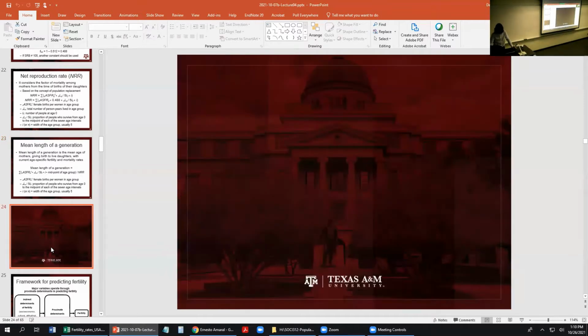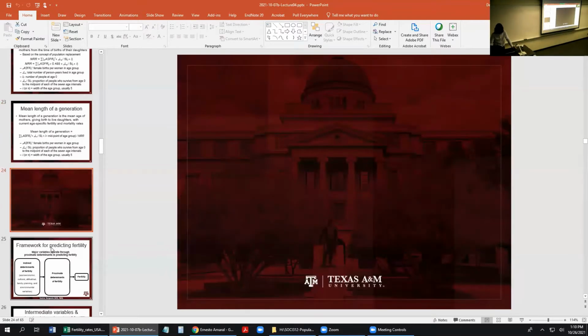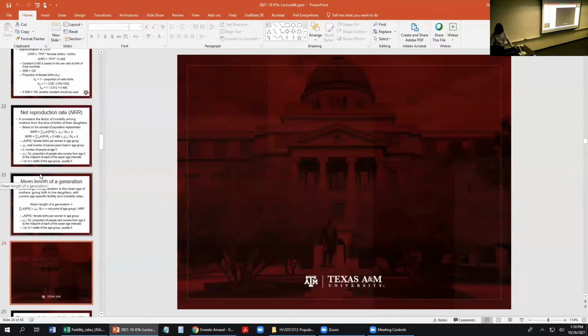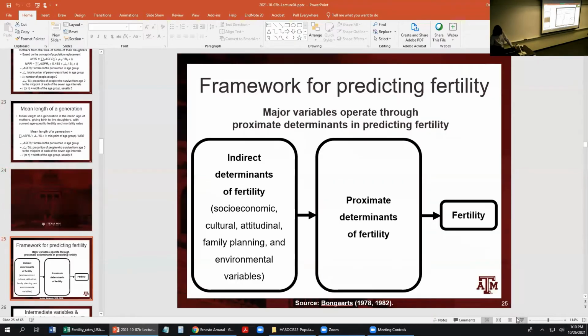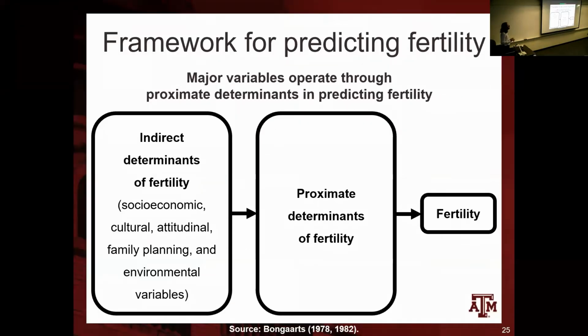So we saw this more technical way in these previous slides of how we estimate a series of indicators, right? We estimated the crude birth rate, in which the denominator also includes men. The fertility rate, the denominator only includes women.